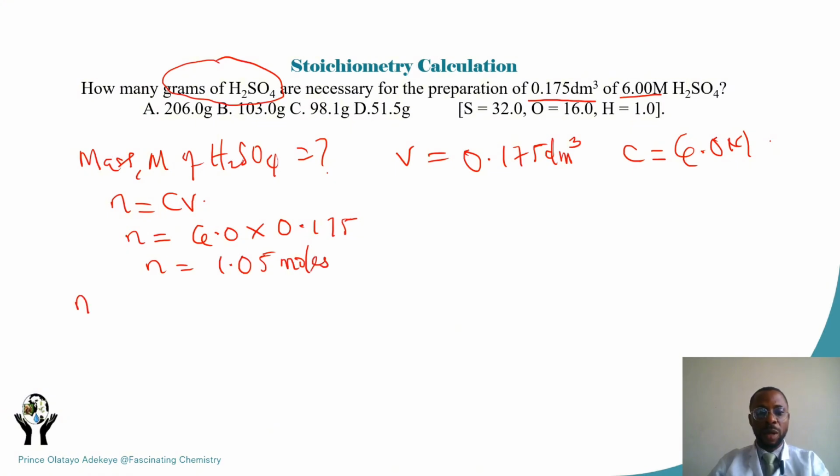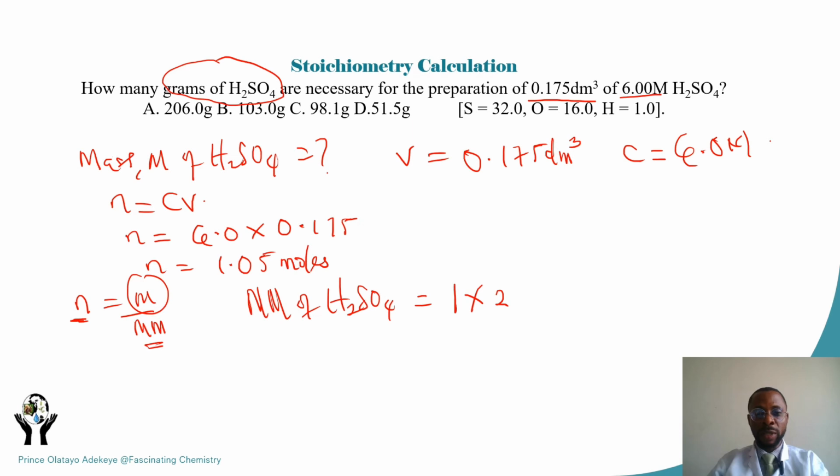So from the expression n equals mass over molar mass, we already know our n, which is the amount. We're looking for the mass. Now we can calculate the molar mass of the compound. The compound in question is H2SO4. So the molar mass of H2SO4 will be equal to, the atom of hydrogen is already given to be 1, so that will be 1 multiplied by 2 because we have 2 atoms of hydrogen there, plus an atom of sulfur, that will be 1 multiplied by 32, plus 4 atoms of oxygen, that will be 4 multiplied by 16.